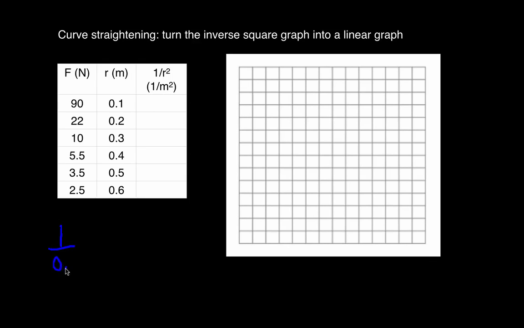1 over 0.1 squared is 100. 1 over 0.2 squared is 25. And the other data points are calculated similarly.